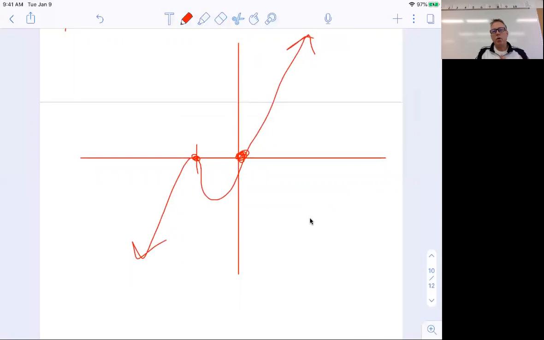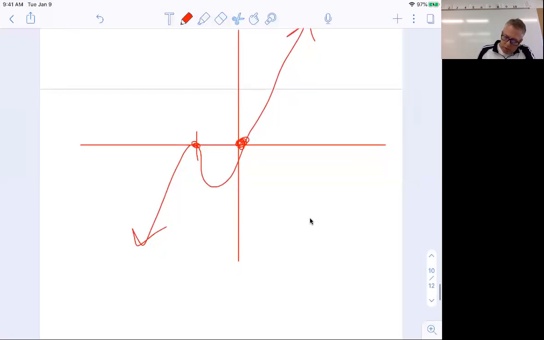But some things that I know about this graph, I know that it has to be an odd degree because the ends are going in different directions. I know that the leading coefficient has to be a positive number because it's going up as it goes to the right. I know that it has a root of 0. So one of my factors will be x plus 0, which we could just write as x. And I know it has a root at -1, so x plus 1 is one of my factors.